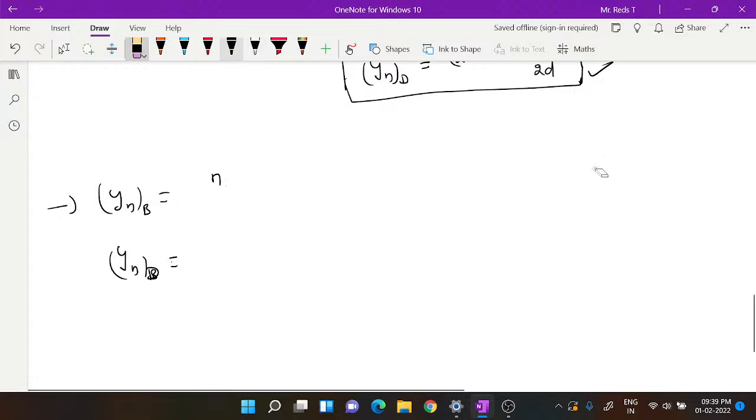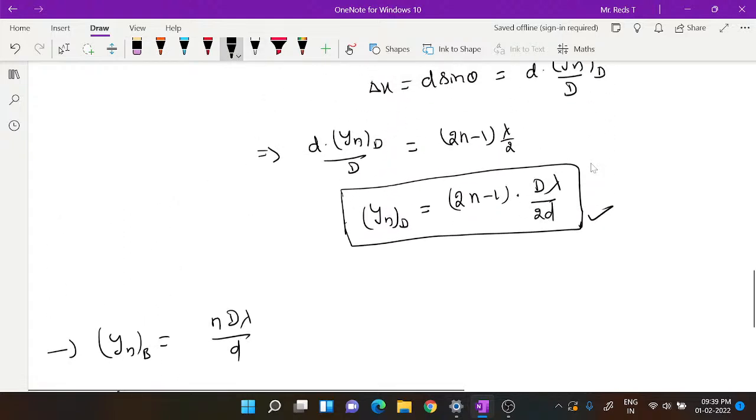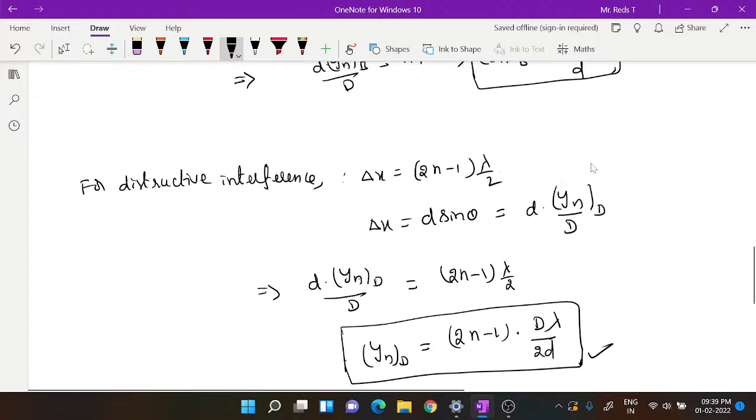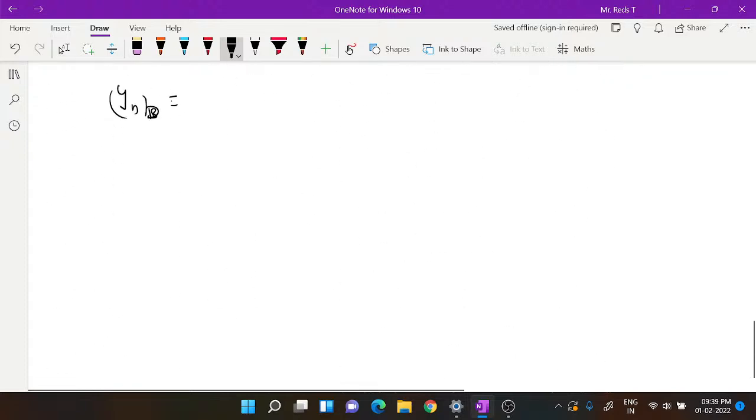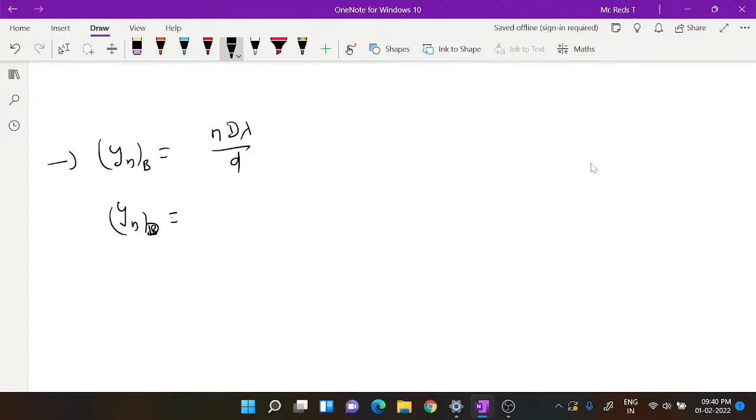Capital D first, small d next. So capital D is in the numerator and small d is in the denominator. So n into D lambda by d.